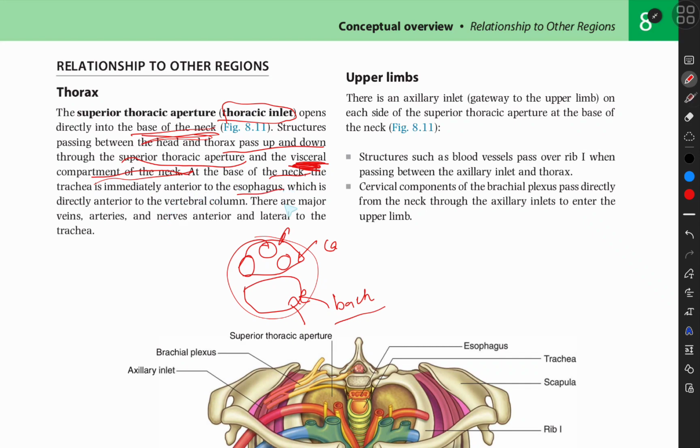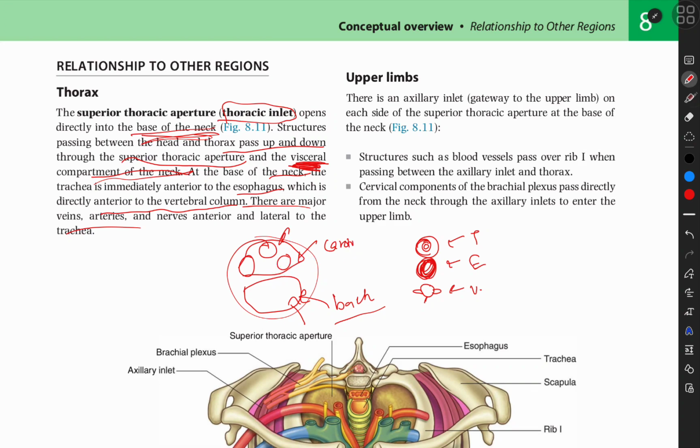Trachea is immediately anterior to the esophagus, which is directly anterior to the vertebral column. Okay, so trachea is here, esophagus is here, and the vertebral column with all of this is here. Trachea, esophagus, and vertebra. That's what they're saying. The major arteries, veins, and nerves are anterior and lateral to the trachea.